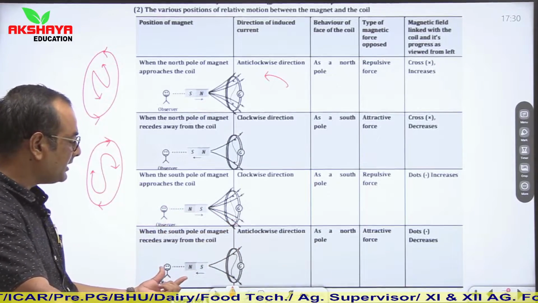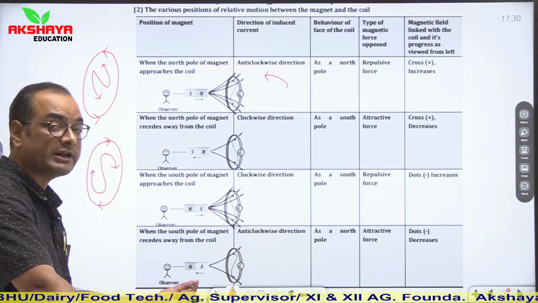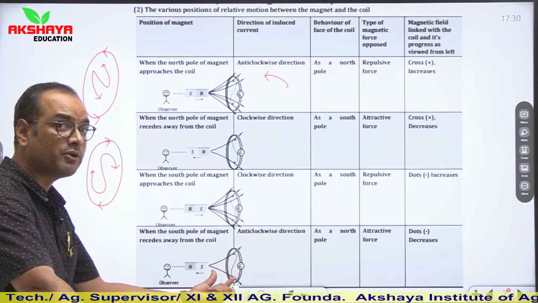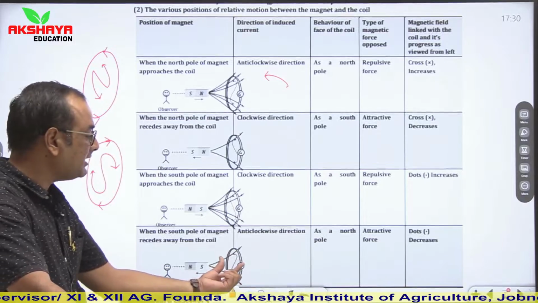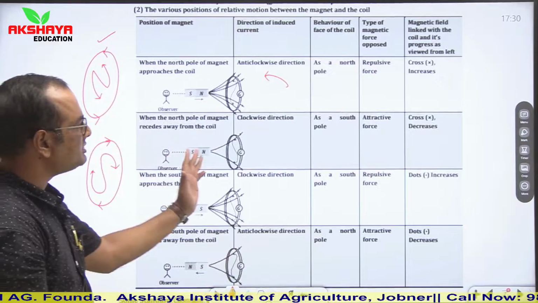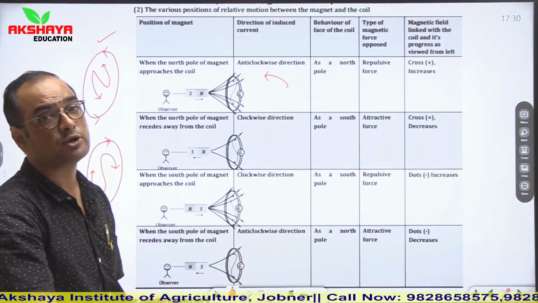And in the last case, if the south pole is moving away from the coil, work is done against the attraction. It means the coil will behave as a north pole, and the direction of induced current will be anti-clockwise. So this is the general concept of finding the direction of induced current.